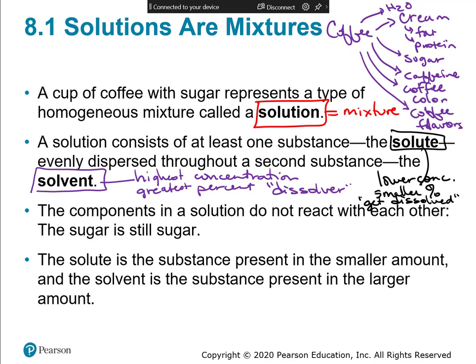But even if you're just talking about salt water, where you just take a sample of salt, put the little granules of salt in water, stir it up. The salt completely dissolves. You can't see it, but the salt is in lower concentration than the water. So the salt is typically going to be your solute. The water is the solvent.